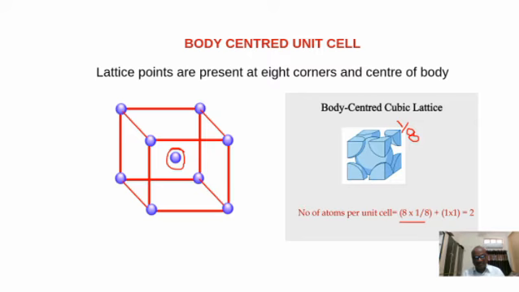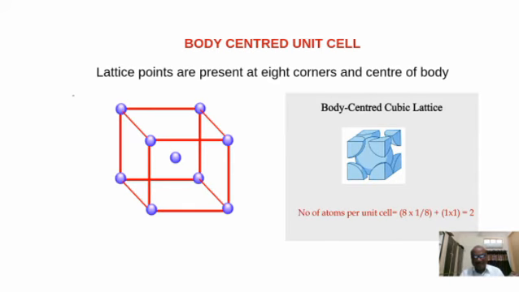No other unit cell will share it because it is present inside of the body. So the average number of lattice points per unit cell will be 8 into 1 by 8 plus 1 into 1, that is equal to 2. This is the average number of lattice points present per unit cell.